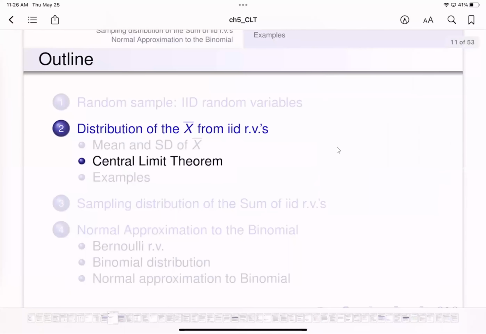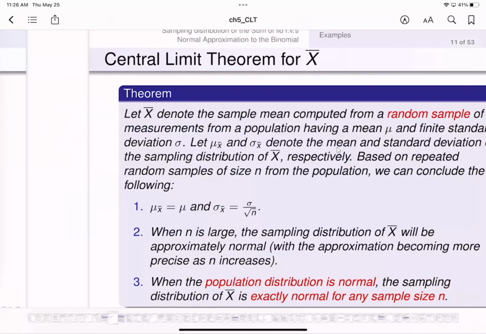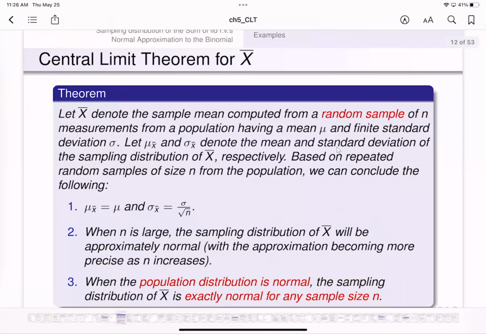Okay, so that's the mean and standard deviation. And in fact, we know more than just the standard deviation and mean.